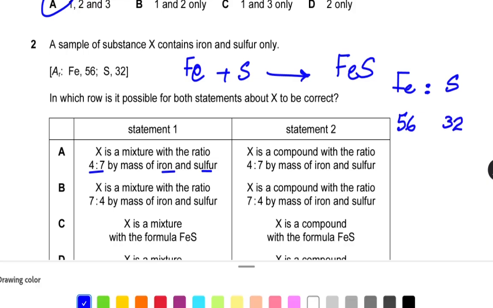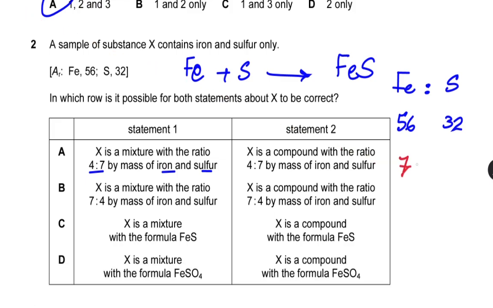So we will simplify it: 8 sevens are 56, and 8 fours are 32. So 7:4, with ratio 7 iron is present, and with ratio 4 sulfur is present.